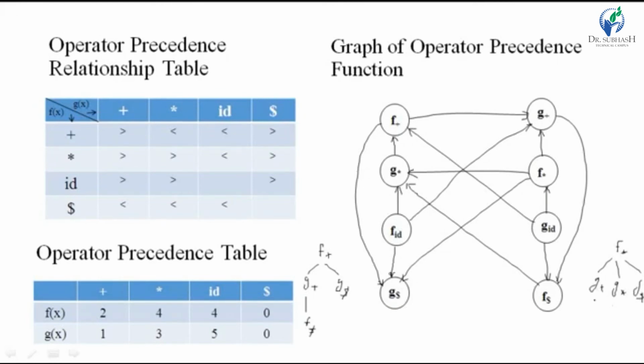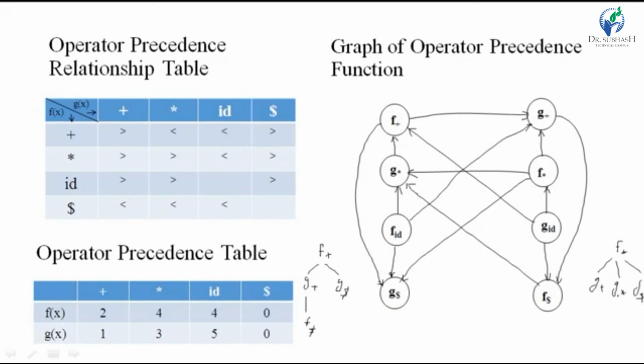From G plus we can reach F dollar. From any operator precedence function you can reach F dollar or G dollar, which is maximum at depth.